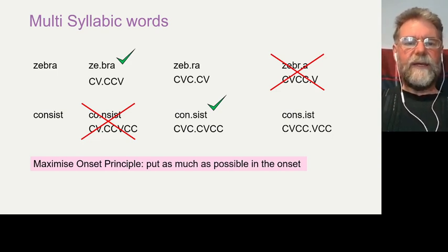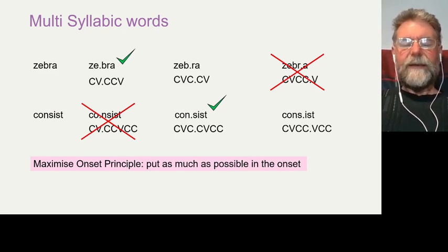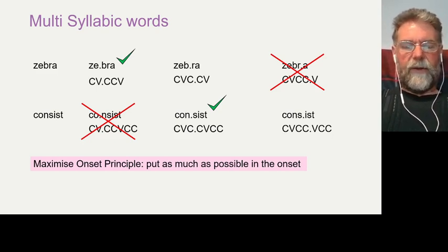So that seems to be the general principle that governs how to syllabify words. Basically, if a cluster of consonants will form an onset, then make it an onset. If it can't, then split them up between the following onset and the preceding coda.